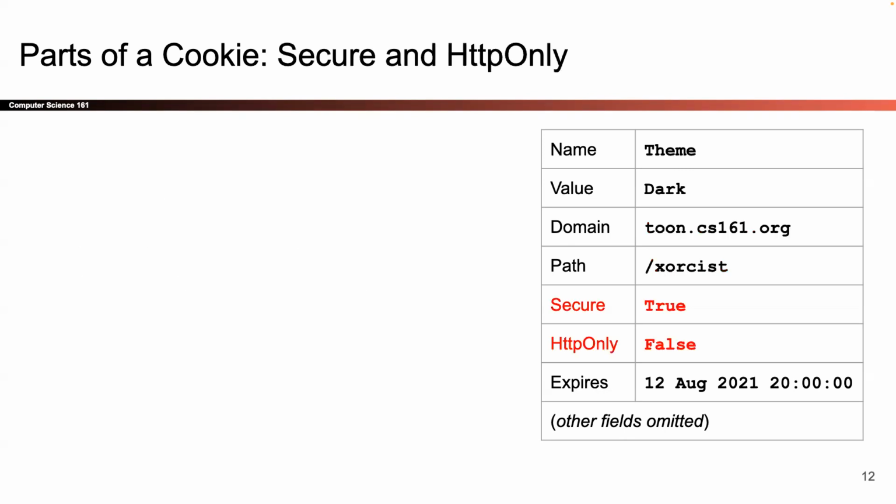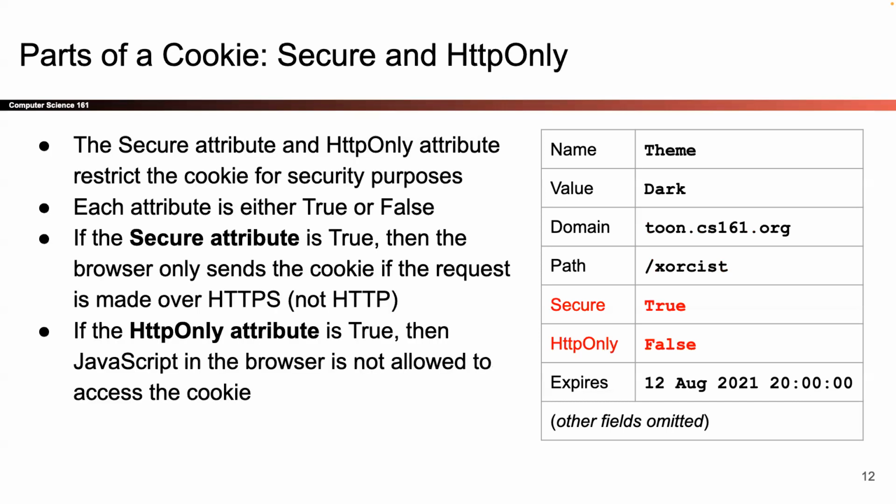Okay. Then there are two security fields that we care about. I'll go through them one by one. One of them is called the secure attribute. It's not the greatest name, but basically the idea is if the secure attribute is set to true, then this cookie will only be sent if the request is made over HTTPS. Do you remember how there were a lot of different protocols?